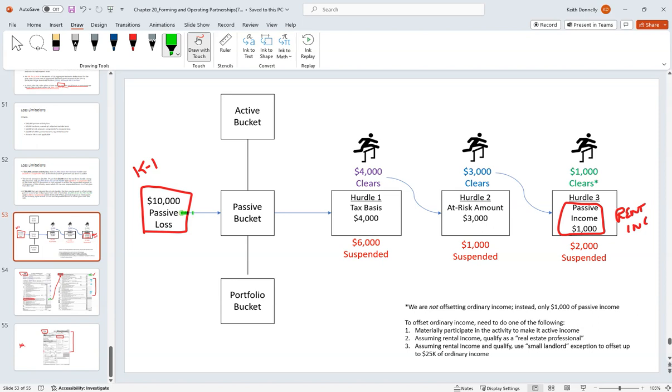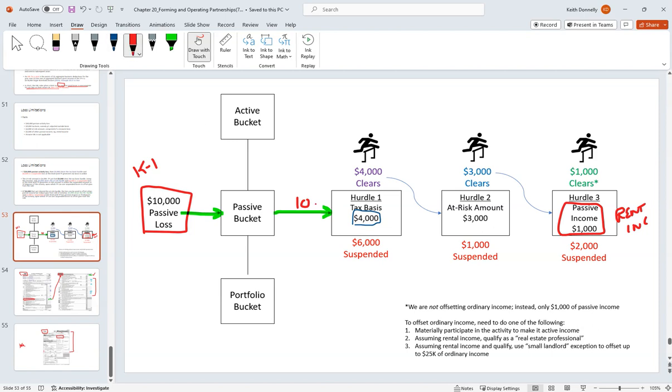The first thing we do is it's going to go over here into the passive bucket because it's a passive loss. We've got to keep it intra-bucket. So we have 10 grand that's coming down the pipeline here. The first hurdle, our tax basis. We're sitting at 4 grand.